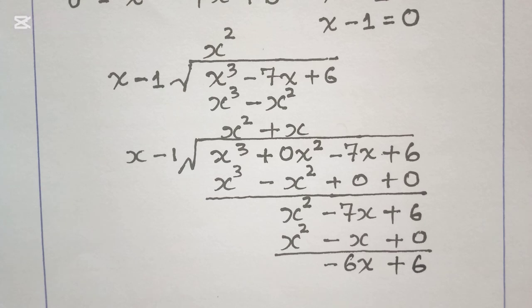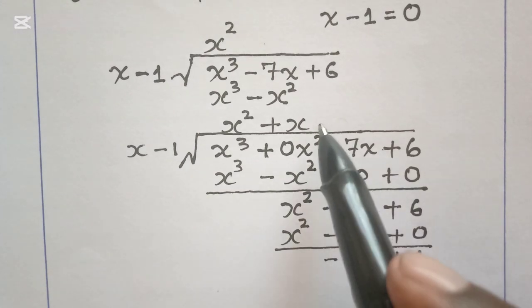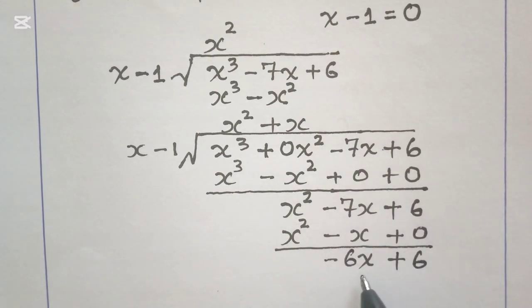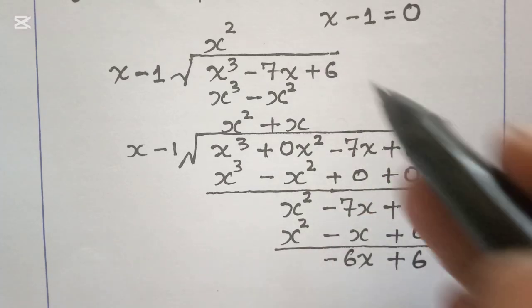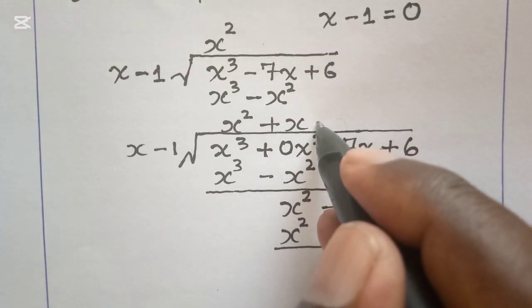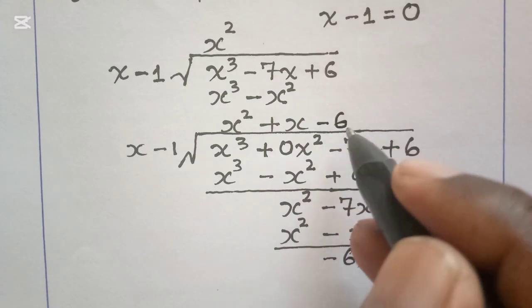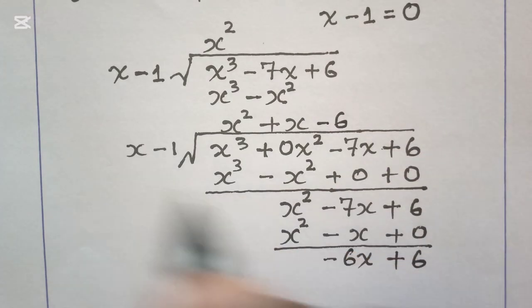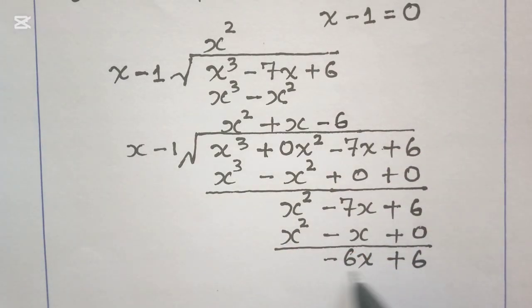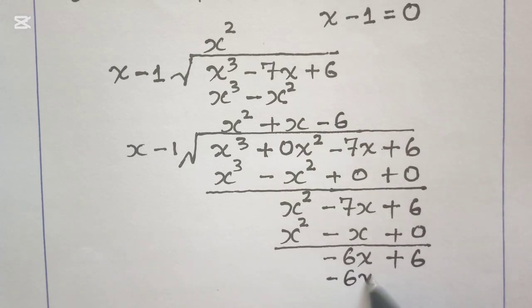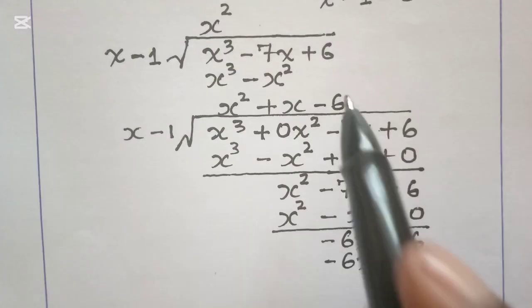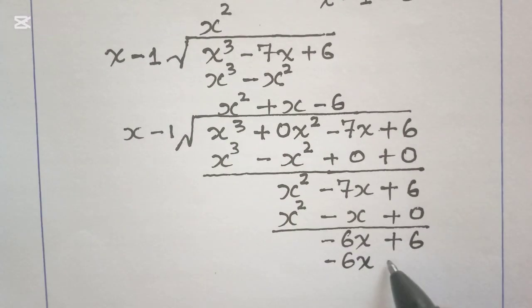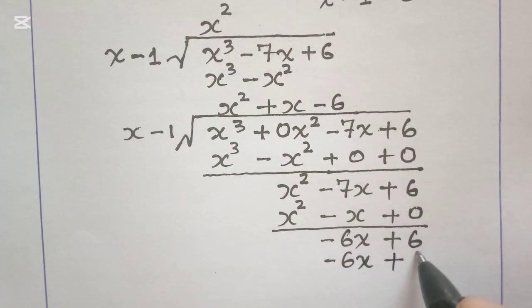So we continue. Now we look for a number. If I multiply, I'll get negative 6x. And that number, guys, is now going to be minus 6, because if I multiply minus 6 by x, I will get minus 6x. Like that. I multiply this 6 with negative, this one I now get plus 6.